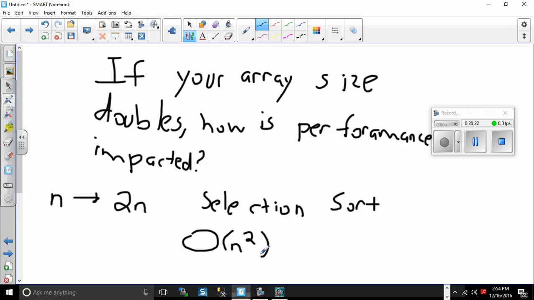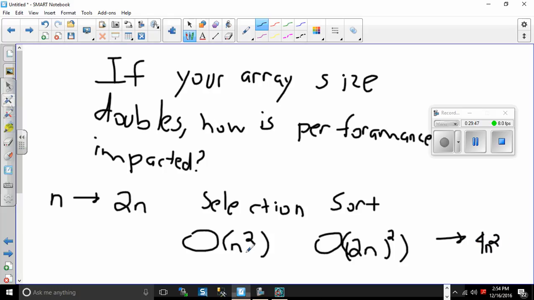And so now what do? All of a sudden, we double the array size. And so now the new array will be dominated by this. Okay. And so basically the runtime, the upper bound for the runtime will be 4n squared. Okay.